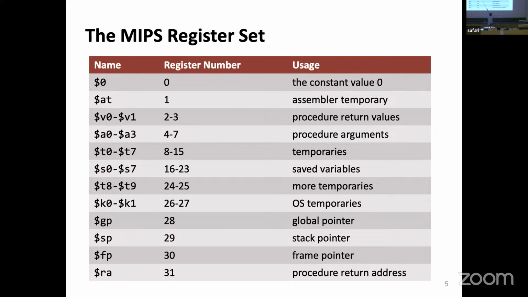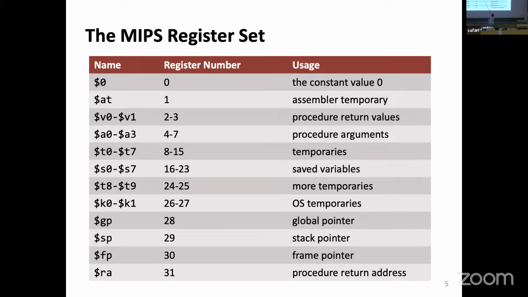We have our saved variables, our temporary variables, our procedure arguments, return values, whatever. We will have an understanding that since there are so many, everybody who writes programs on it agrees on using certain registers for certain things.